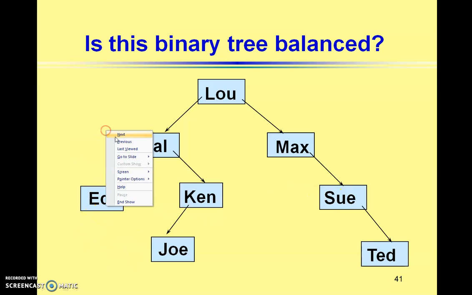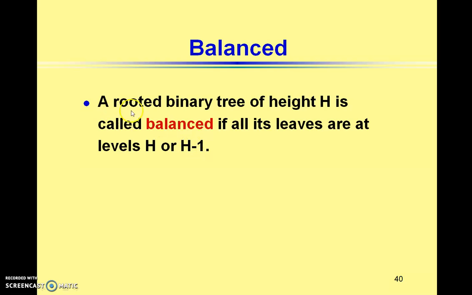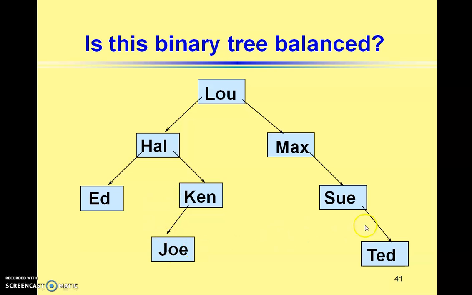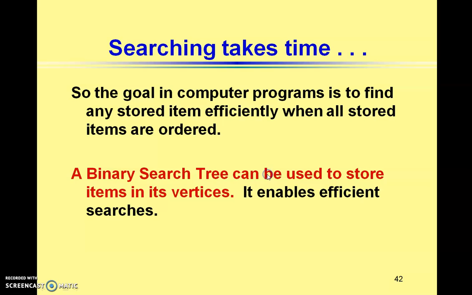Let's go back. It's balanced with height h if all of its leaves are at h or h minus 1. h is 3, or 3 minus 1, 2. So this is balanced.